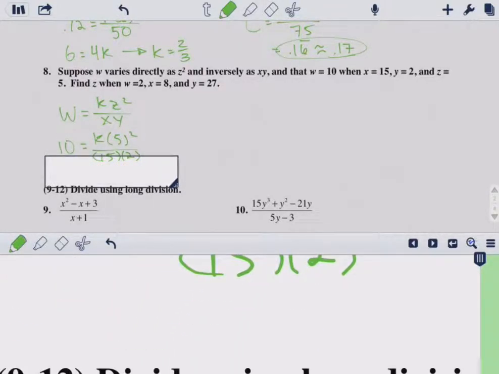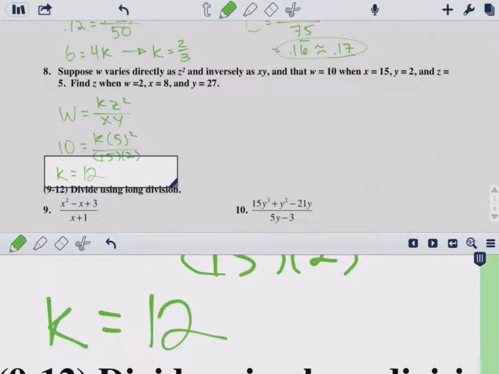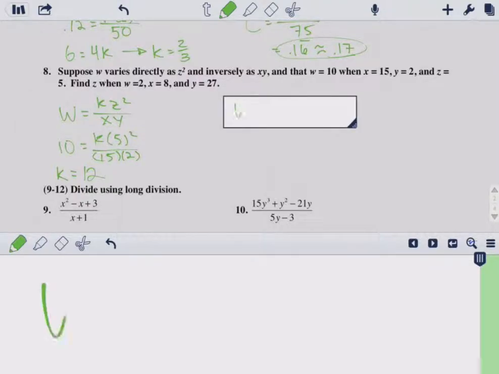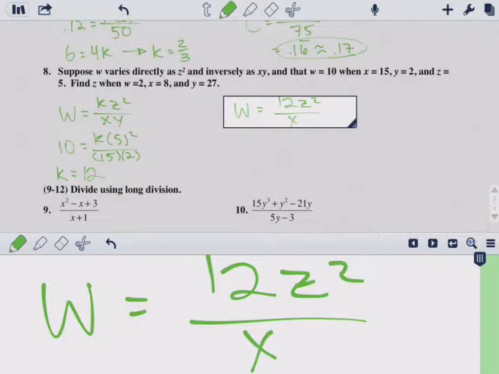So let's solve for K. K is equal to, I've got to do 15 times 2, so that's 30. 30 times 10 is 300, and 300 divided by 25 is 12. So K is 12. So our equation is W is equal to 12z squared over xy.